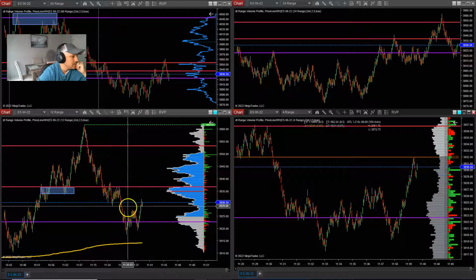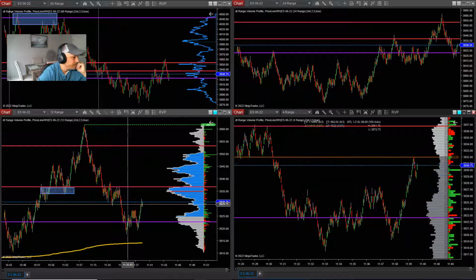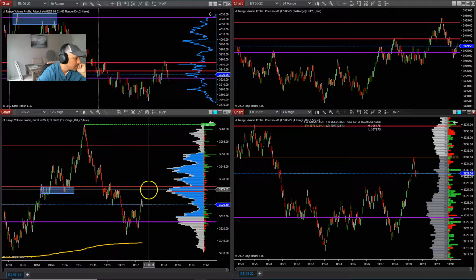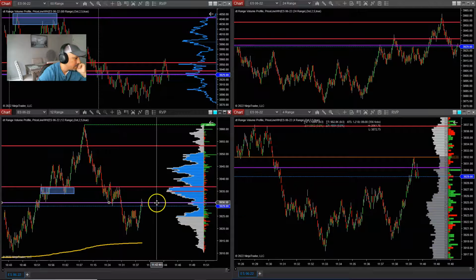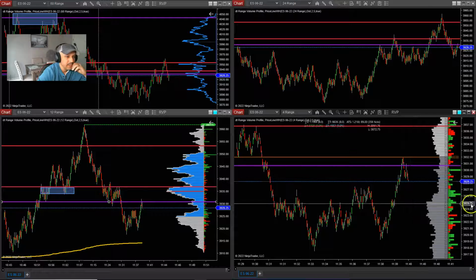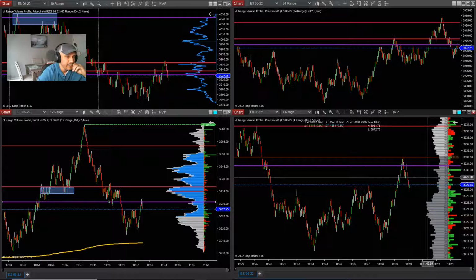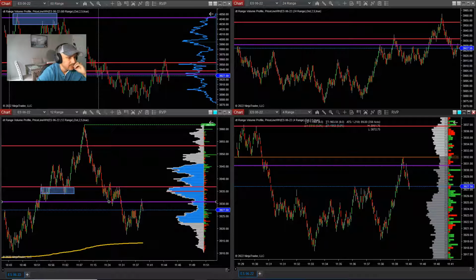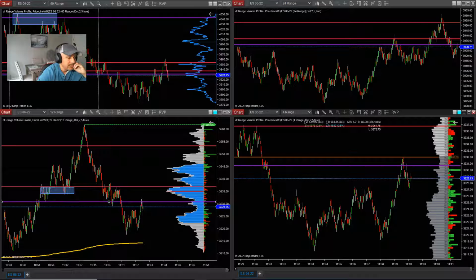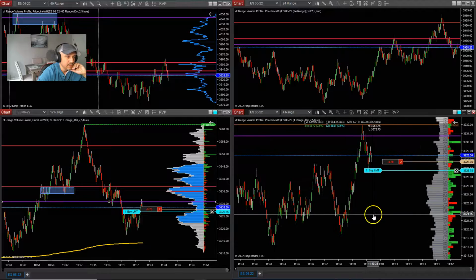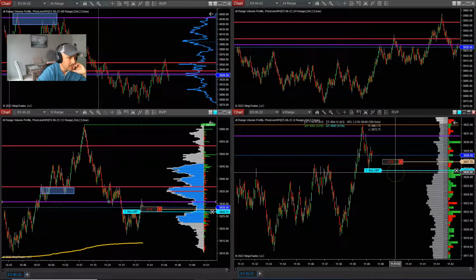All right. Let's see. Marking this, stay below this area here, and it is doing that. Okay, maybe it's going to pull back to this area right here. Let's see what happens. Oh no, it actually took that area out though. I'm going long, I'm short. Come on.